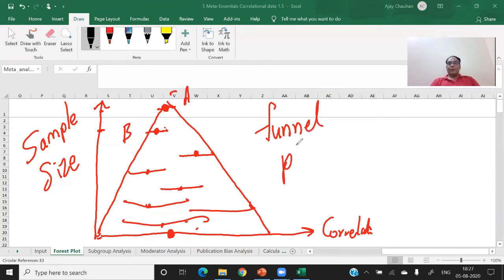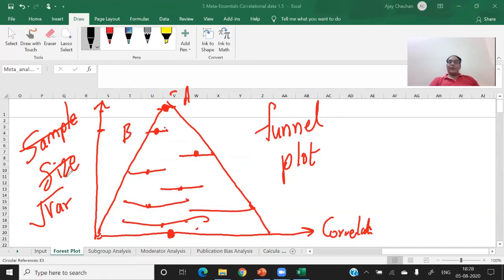Funnel plot. But actually, the funnel plot has changed slowly. Now this sample size is replaced by the square root of the variance, because initially the person who made this plot just took the sample size. But the problem is that we do not use the sample size for calculating the weight. We take the degrees of freedom, and after that we calculate the variance.